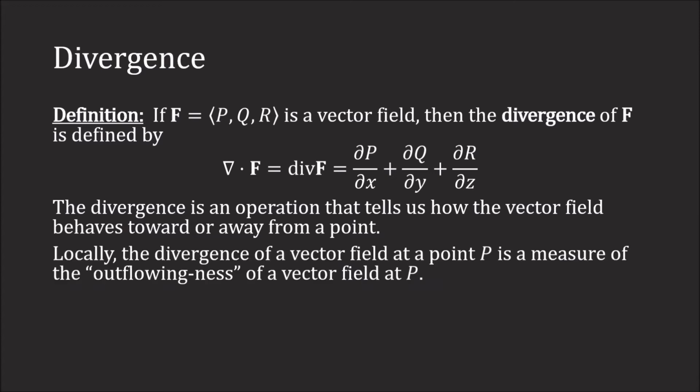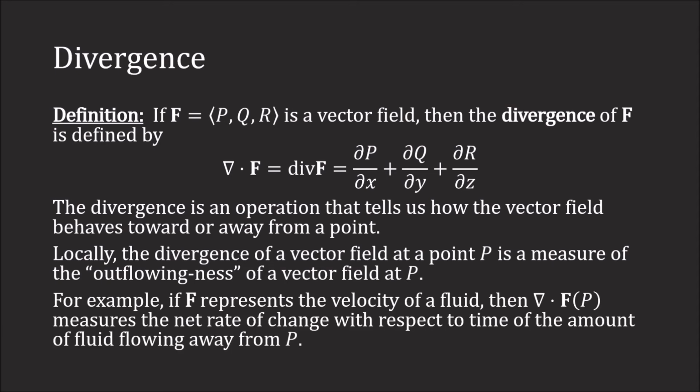Locally, you can think of the divergence at a point P as a measure of the outflowingness of a vector field at P. So for example, if f represents the velocity of a fluid, then del dot f of P measures the net rate of change with respect to time of the amount of fluid flowing away from P. Now we will delve more into the interpretation of divergence when we study the divergence theorem at the end of this course. In fact, the divergence theorem should be, at least how I have it laid out right now, the very last video in this series.